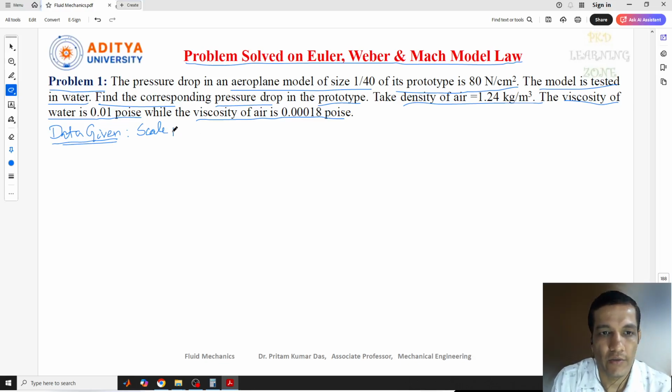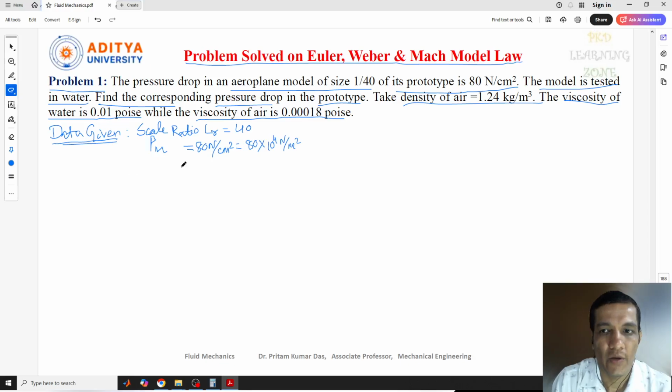It needs to be mentioned as LR, so this is 40. Similarly, the pressure drop is given, let me mention it as PM only. So PM is given as 80 Newton per centimeter square. Let me convert this into meter square, so that is 80 into 10 to the power 4 Newton per meter square.